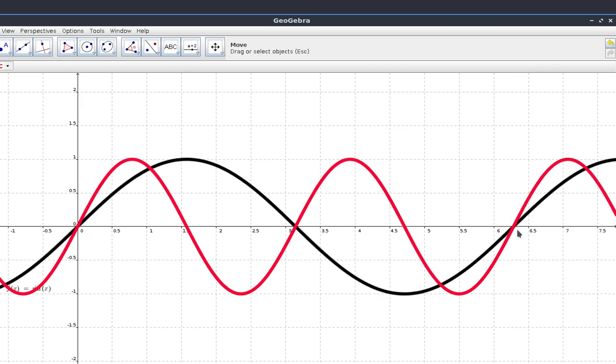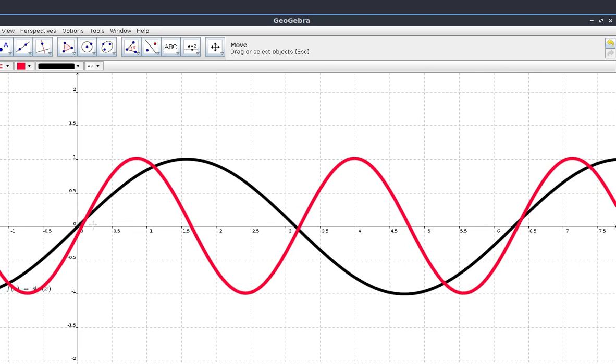The next time that happens, where you increase from 0 again, is here. So you complete 1 cycle. Now, when you double the frequency, what do you do with the period? Now, the period is the time it takes for 1 cycle to be completed. So, the red graph shows a doubling of the frequency. How long does it take to complete 1 cycle? It will be from here.